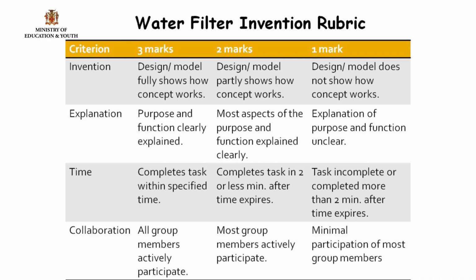All right, students can be graded using our filtration rubric that will be shown. They will be graded for their invention, their explanation, their use of time, and of course, how well the group would have collaborated to make this activity possible.